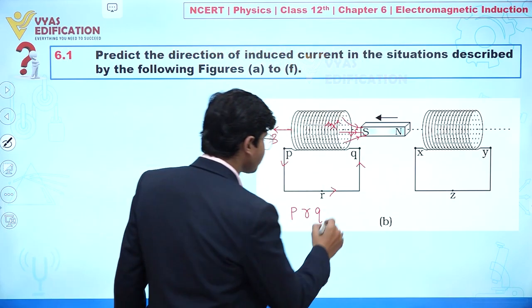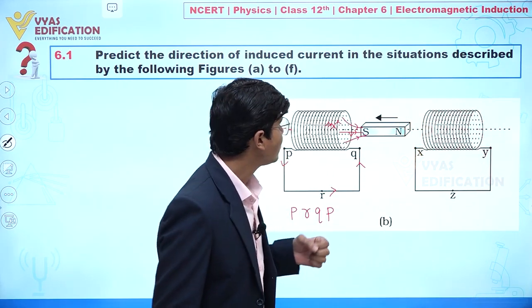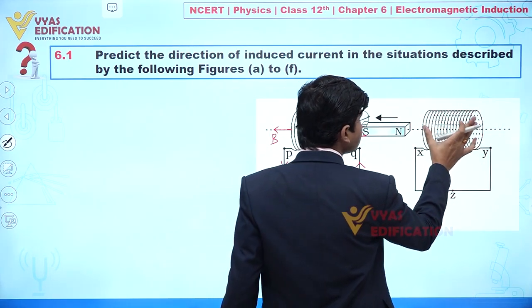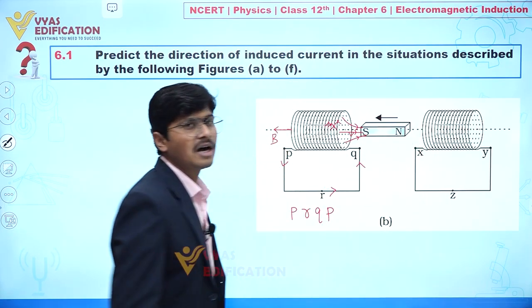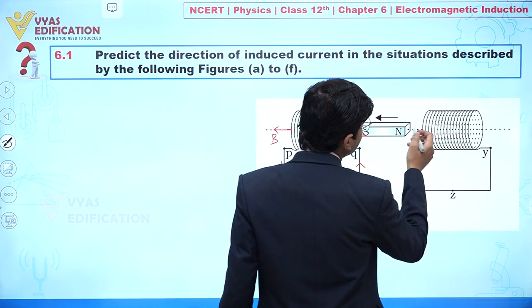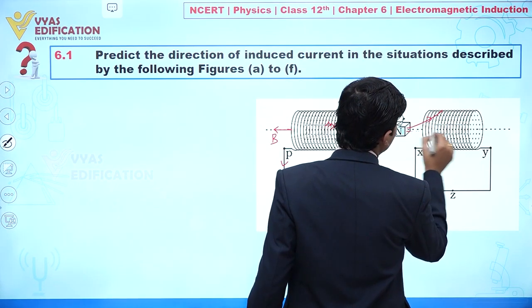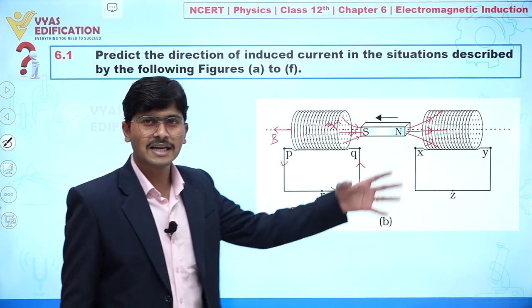Now for this circuit, in this situation, for this coil, you can see this bar magnet is actually going away from this coil, clear? When this is going away from this coil, because this is a north pole, again I can say magnetic field lines always go outward from the north pole, clear?